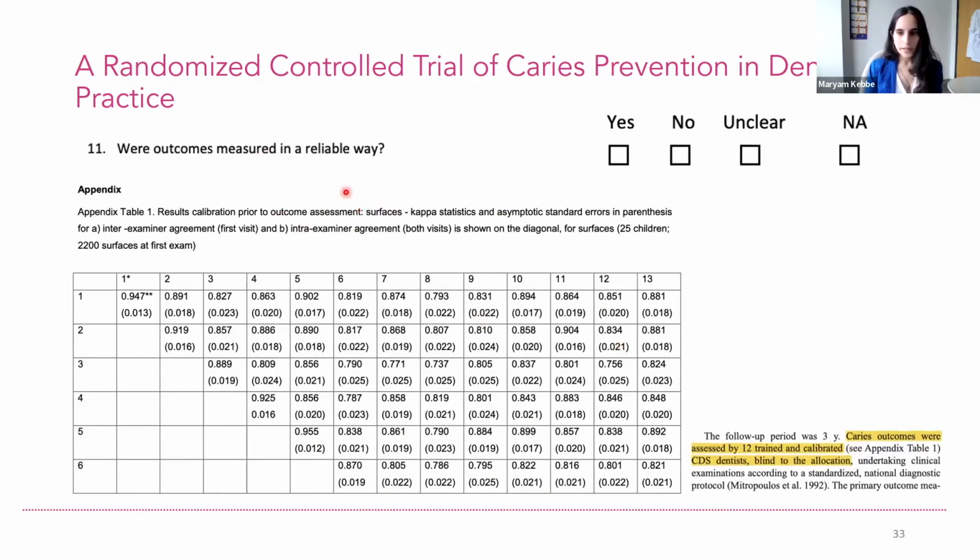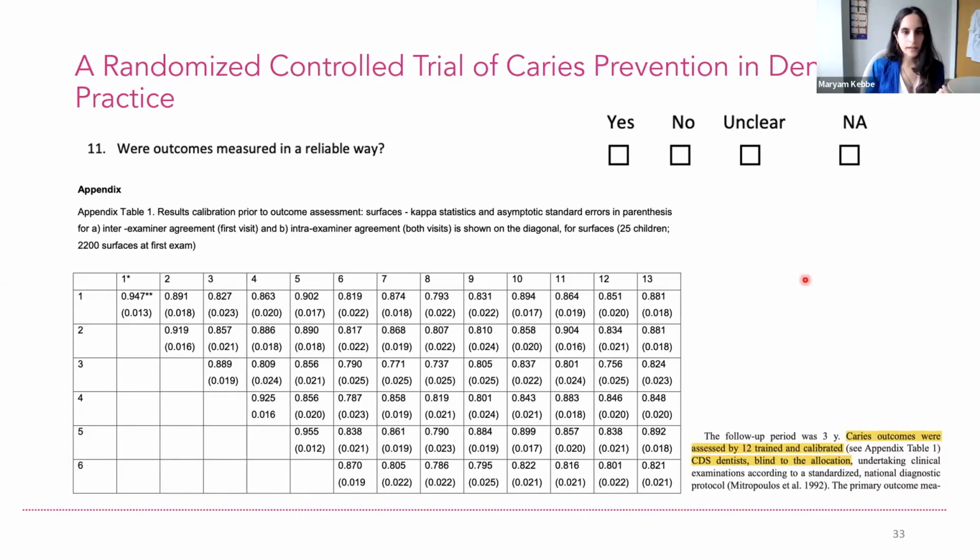In terms of reliability of the outcomes, this is where you want to check details about the reliability of the measurement. So you want to look at the number of raters, the training of the raters, the intra-rater reliability within the study.